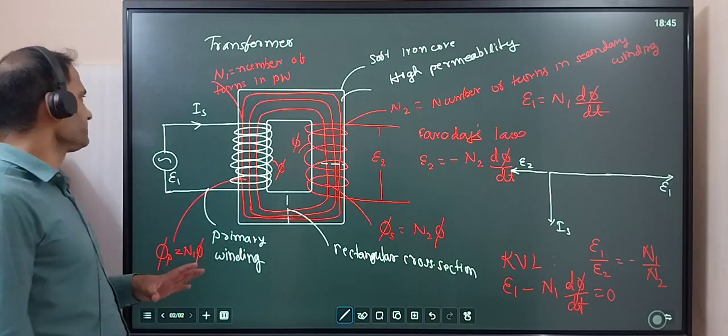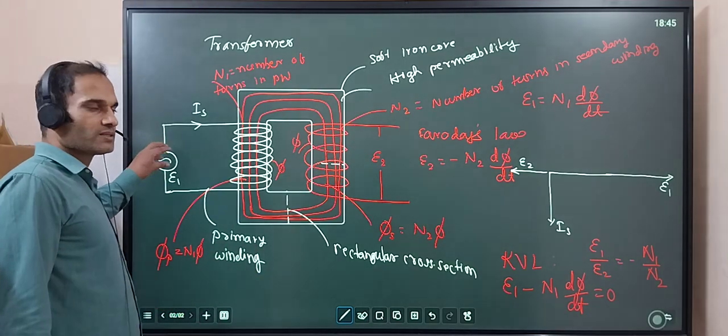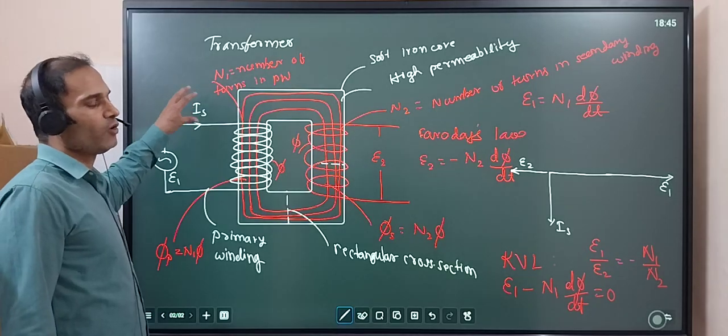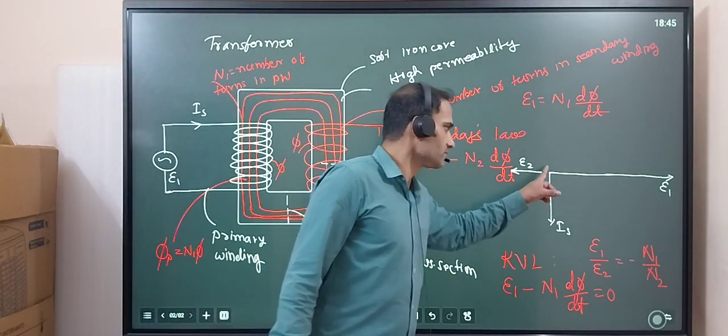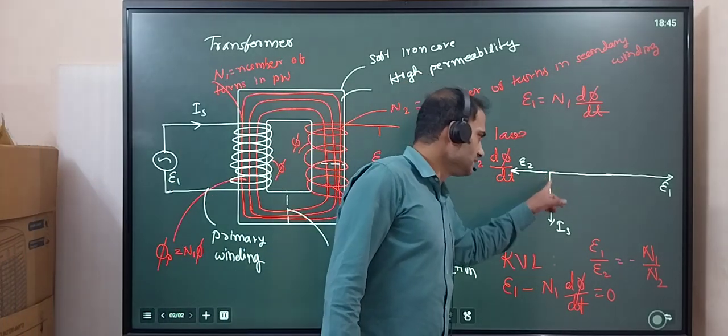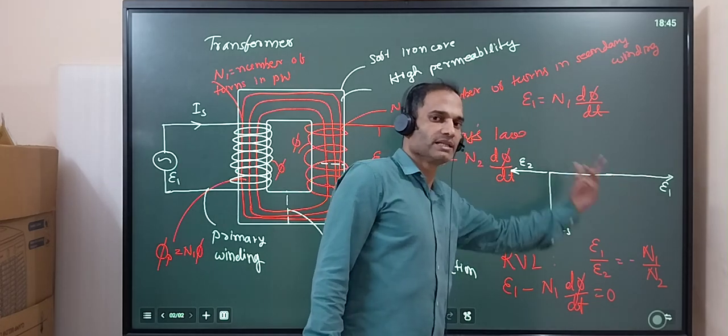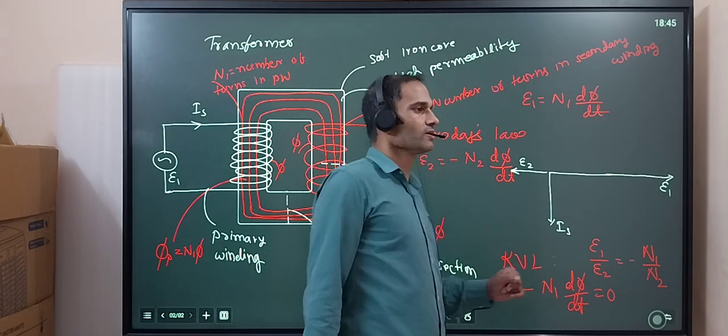See here what is happening. The EMF is E1, and IS has a 90 degree phase difference with it.